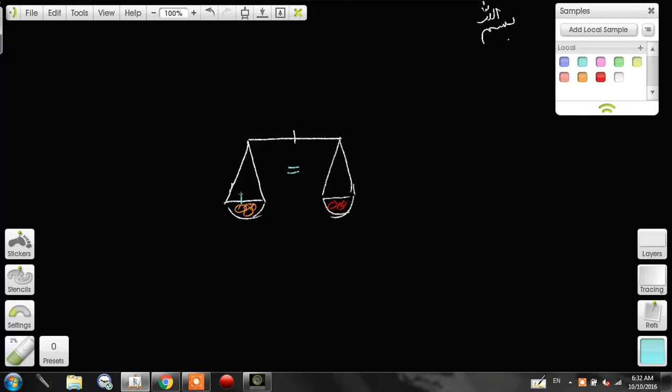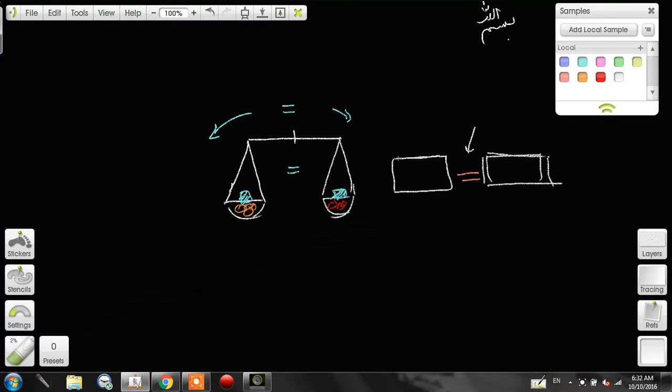If you add something over here, the balance will tip this way, unless you add something of the same weight on this side, then the balance will remain the same, right? So in an equation, maintaining this equality is important.